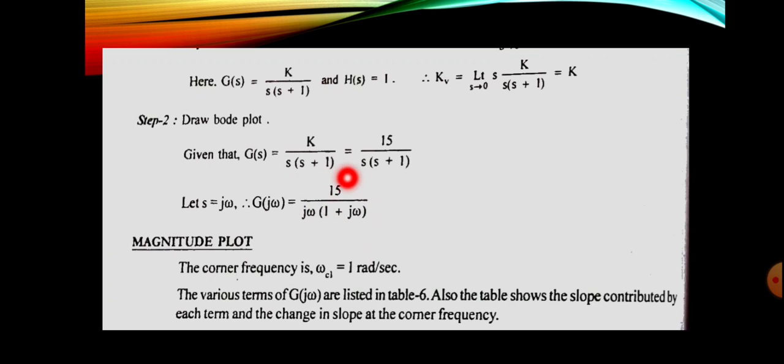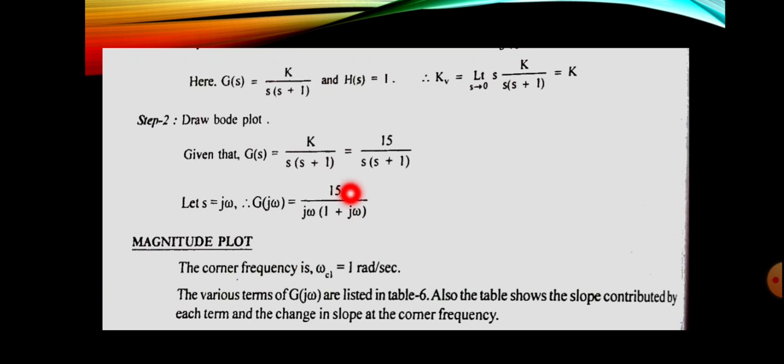Here you have to arrange these terms in table 1 in increasing order of their corner frequency. There is no corner frequency corresponding to 15 by j omega, and the corner frequency corresponding to 1 by 1 plus j omega is equal to 1, because it is in the form 1 plus sT, where T is 1.